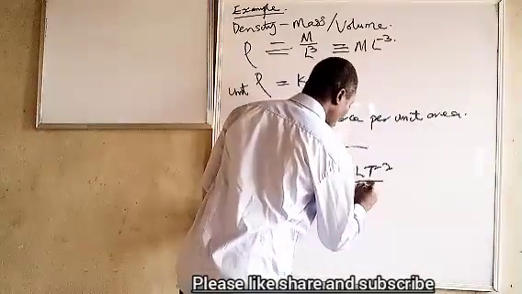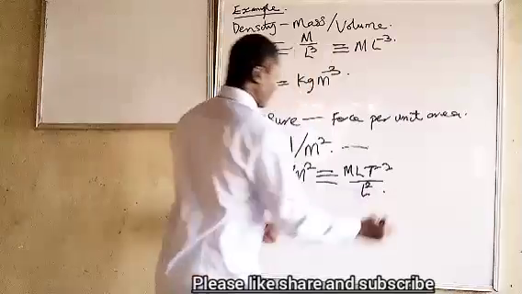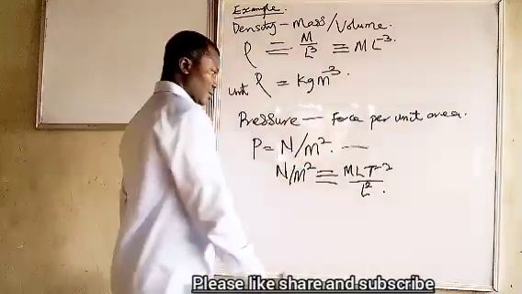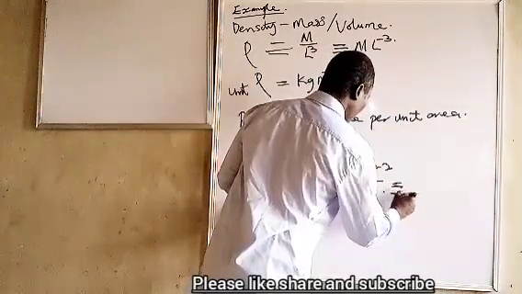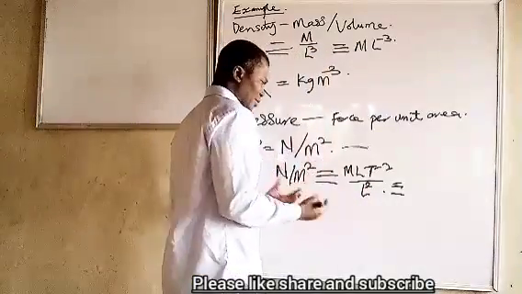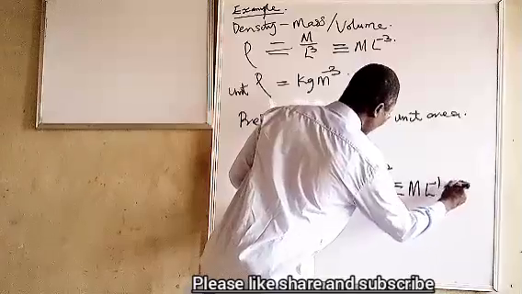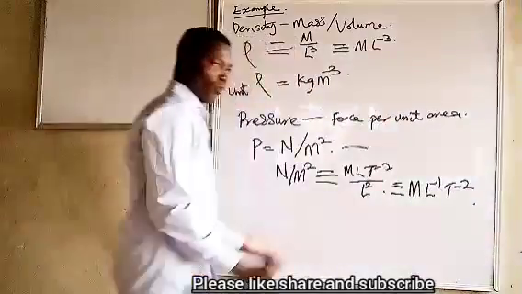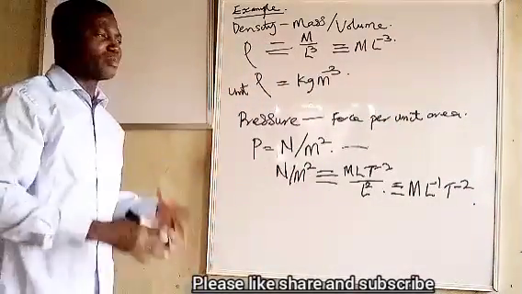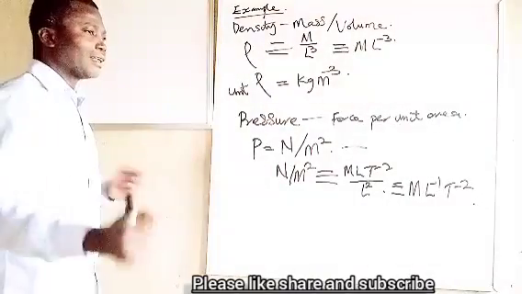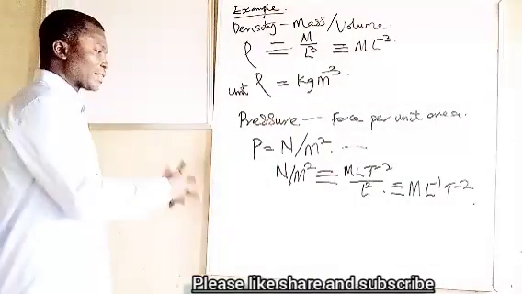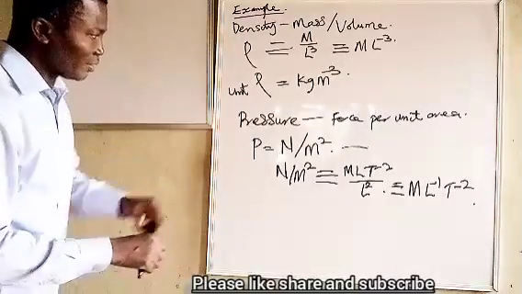This one is L squared. You can see. So you can also have a unit which can be something like this while you are working. So it makes you able to really interrelate physical quantities when working on them.